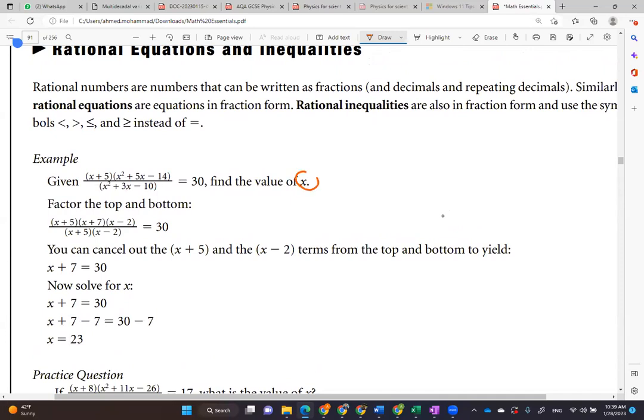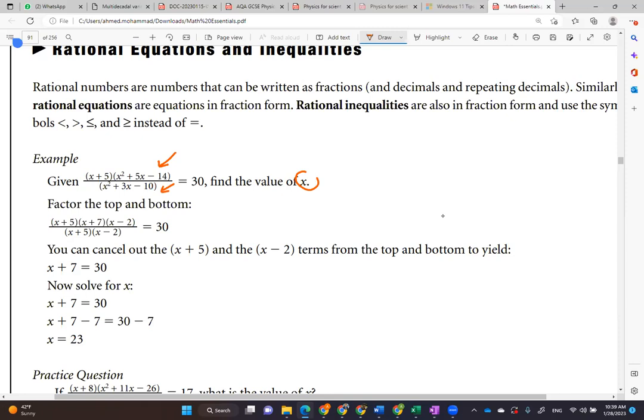Don't be scared. Just factor the quadratic functions you have, in the numerator or denominator, and you will find many terms cancel out.